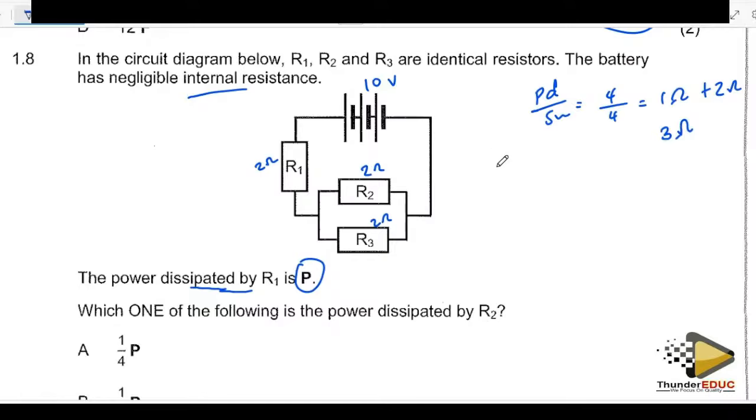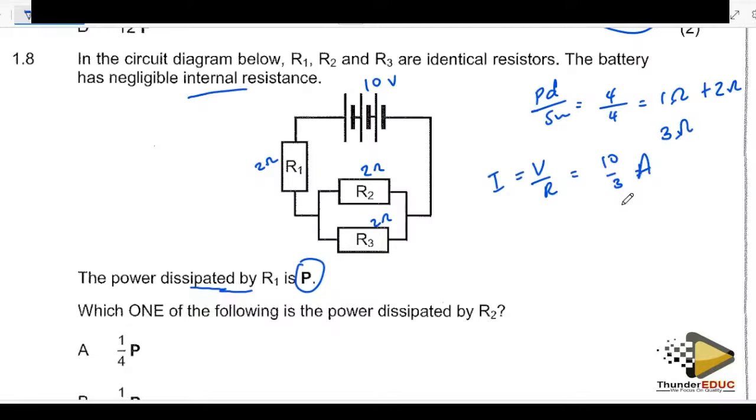Then if I want to find the current, because I need the current that is passing through, current is given as V over R. So I have 10/3, let me just leave it as 10/3.